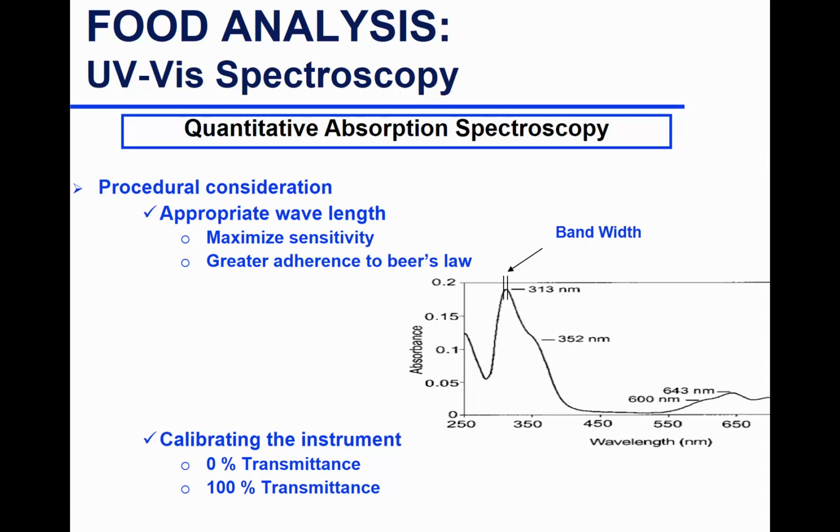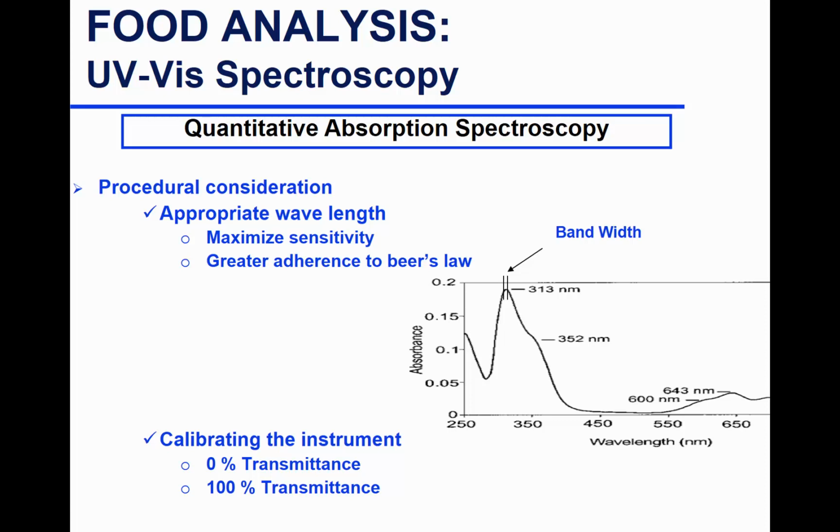So if your filter is giving you, instead of 344, it's giving you 345, you still get the same sensitivity. But if you select somewhere like at 325, there is a steep change. So 335 versus 336 might be very different in absorptivity. So you don't want to select here.